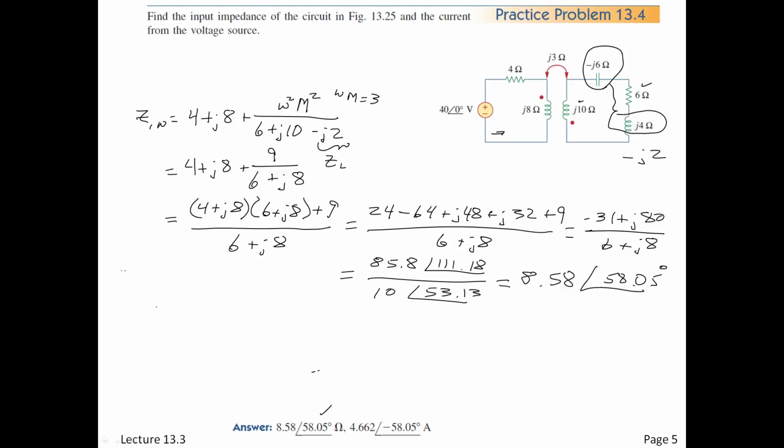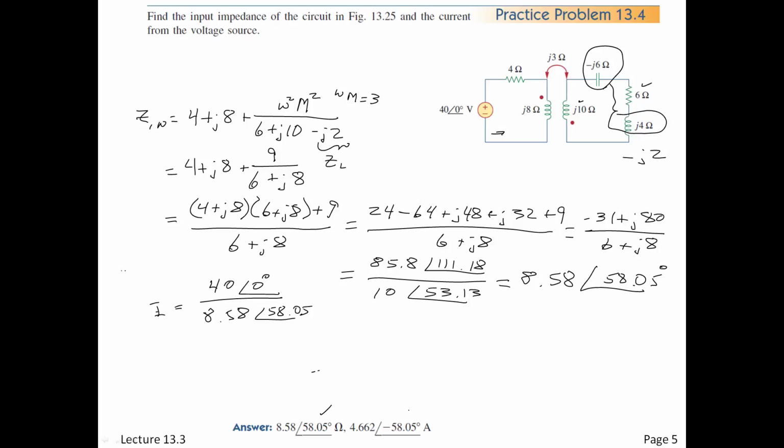We have the voltage, so the current is going to be the voltage, that's our 40 at an angle of 0 degrees, and we're going to divide that by the Z, 8.58 at an angle of 58.05.